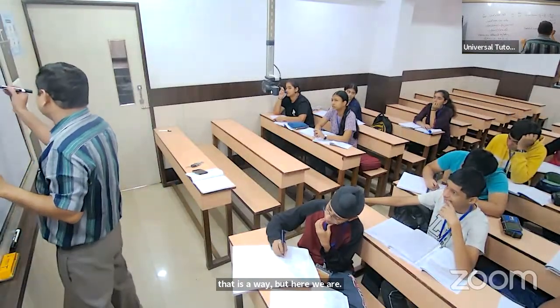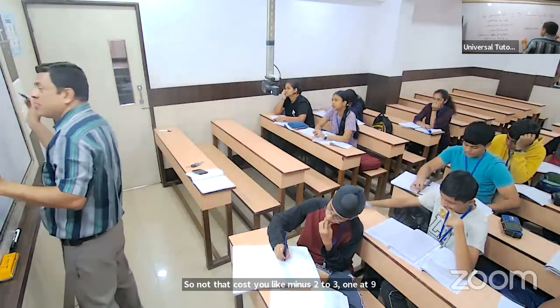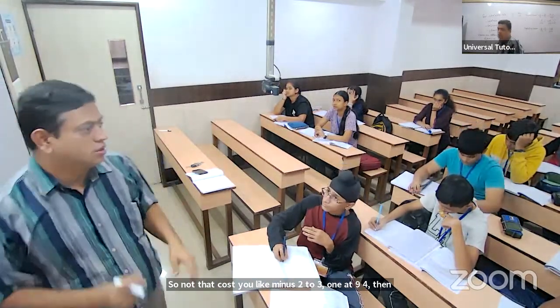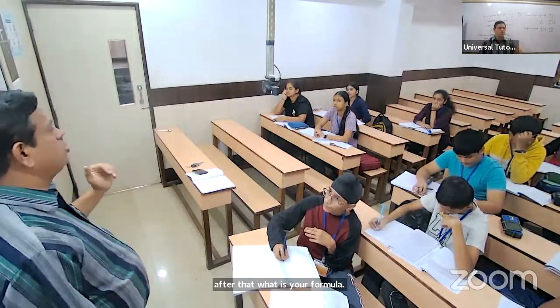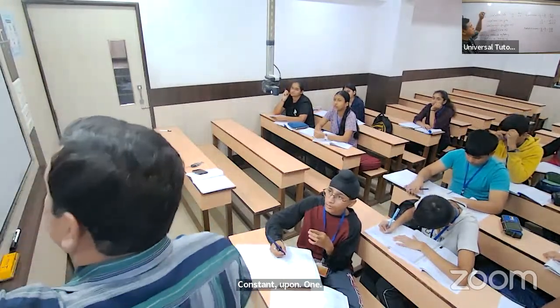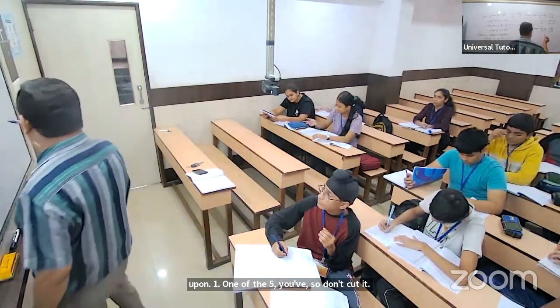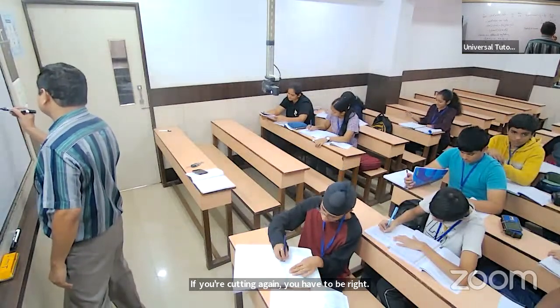Here, verifying, so don't cut. First write minus 2 root 3 divided by 4 root 3. Then what is your formula? Constant term upon coefficient of x square. The constant term is minus 2 root 3. So don't cut it. If you are cutting, you have to rewrite. So directly write is equal to constant.